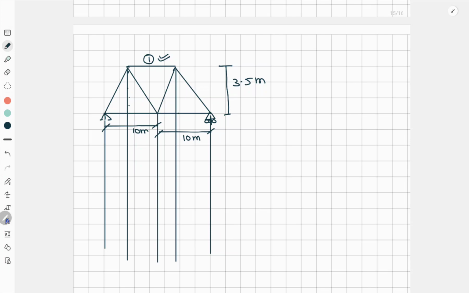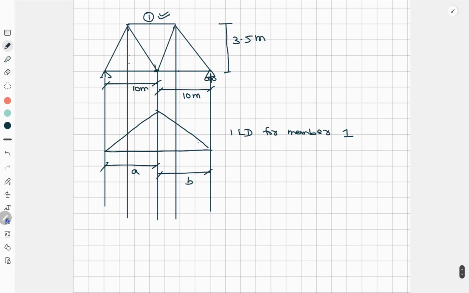So now we have to find the ILD for member 1. Okay, so this is the member 1 and this is the meeting point here, the maximum. So here it will be like this, right? So here this is A and this is B. Here also we have to use the same formula, that is AB by HL.